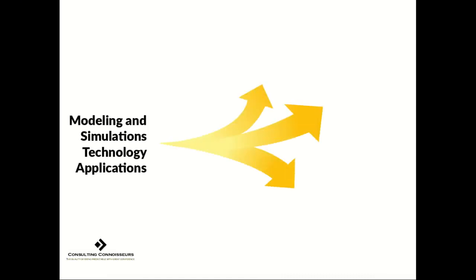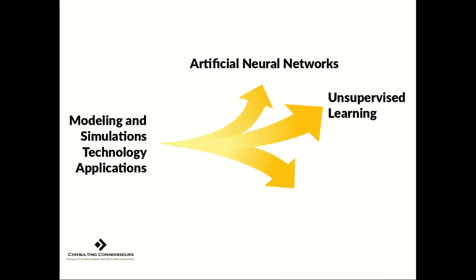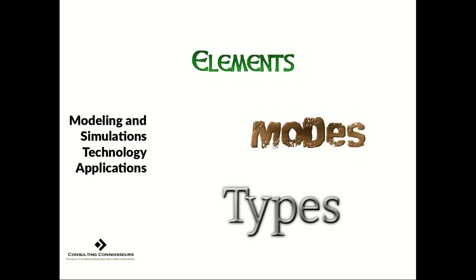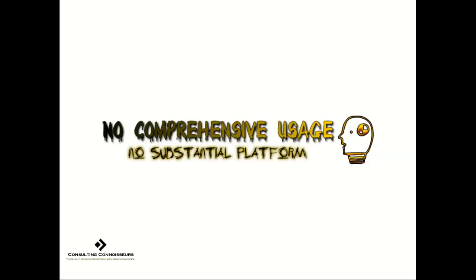In short, modeling and simulations is the next wave that is embedded in upcoming technologies like artificial neural networks, unsupervised learning, artificial intelligence, etc. These technologies have different elements, modes, and types of modeling and simulation techniques. However, there is no comprehensive usage of the modeling and simulations method developed till date.